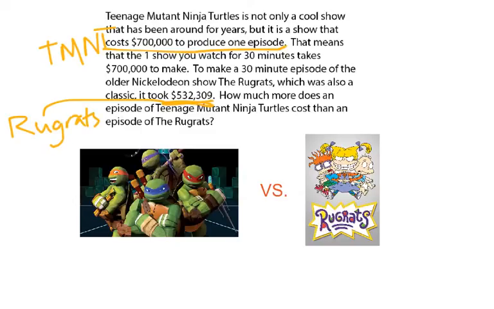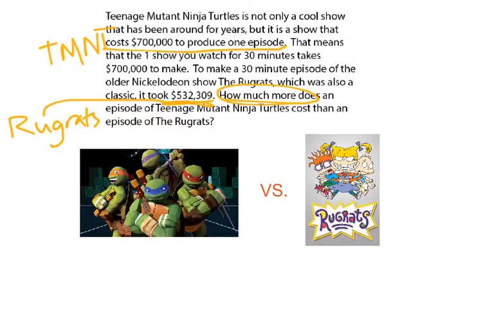And now they're asking how much more does an episode of the Teenage Mutant Ninja Turtles cost than an episode of the Rugrats? Now when I see things like how much more, that's a comparison problem. We know that one costs more than the other. So with this how much more, that is like a trigger that lets me know I'm going to be subtracting. So what am I subtracting?